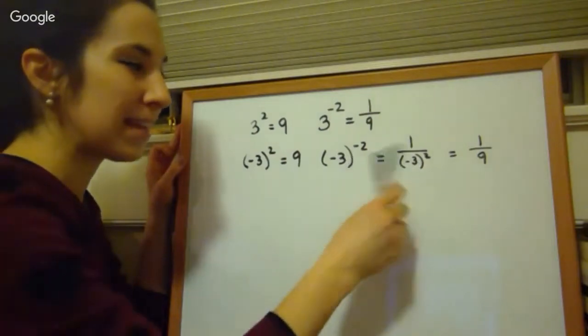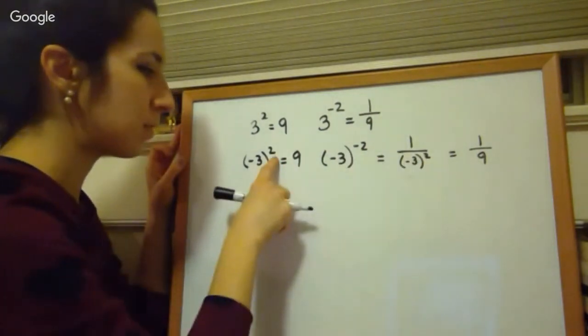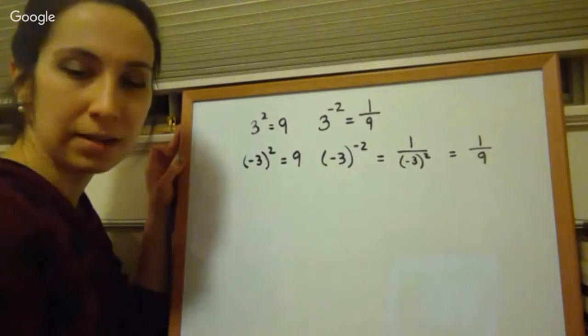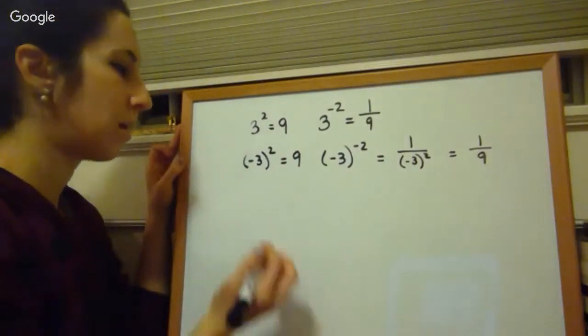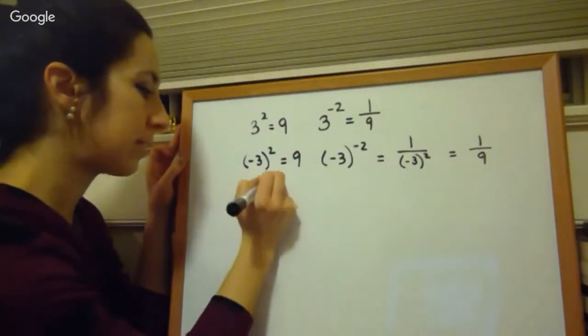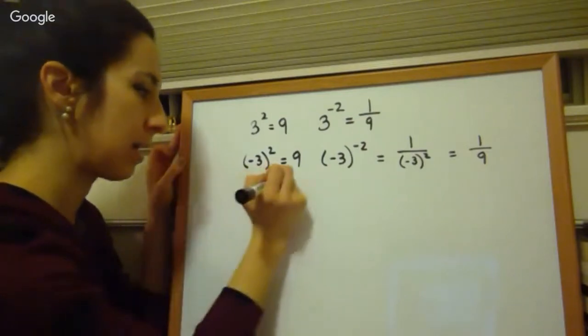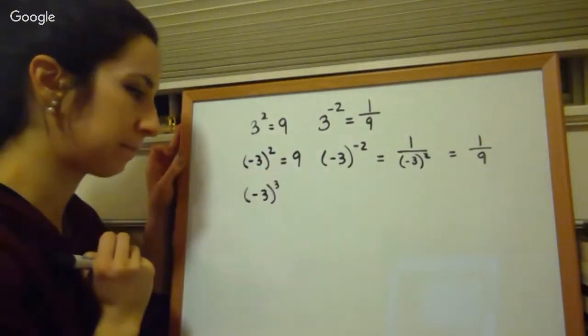Because it's an even degree, it's not changing the sign. It's keeping it positive.